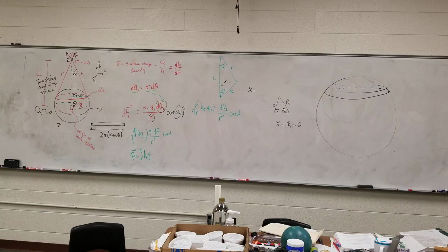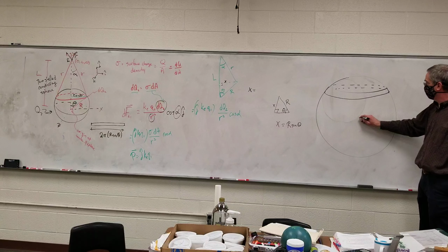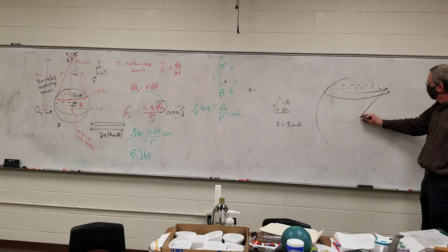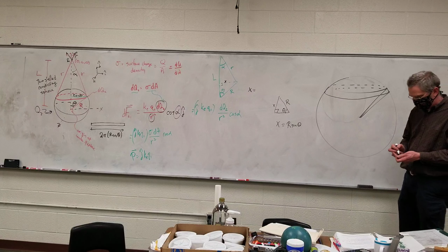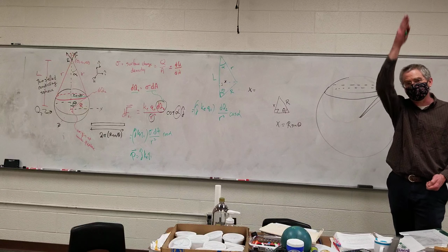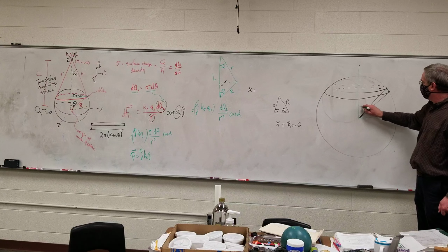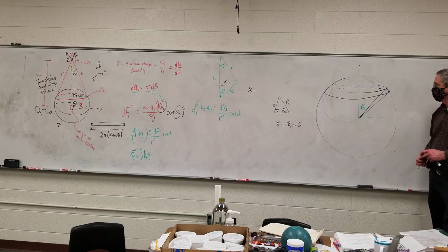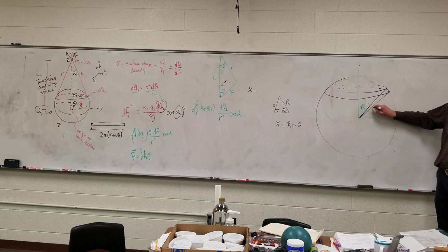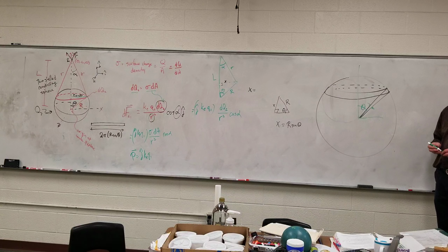Now the band is infinitesimally thin. I've expanded it just for the sake of drawing here. Remember that we define theta to be the angle from that central axis there. So that angle there is theta. So what is this angle right here? D theta? D theta? Yep.